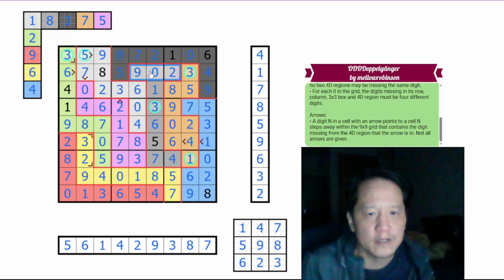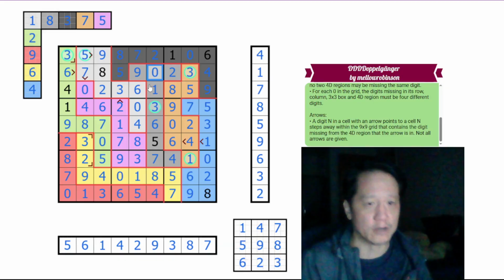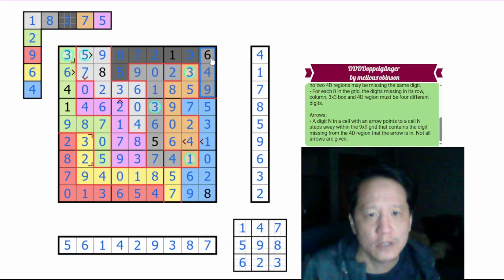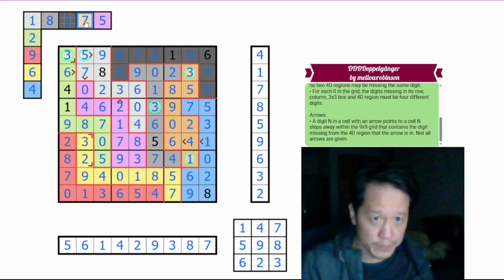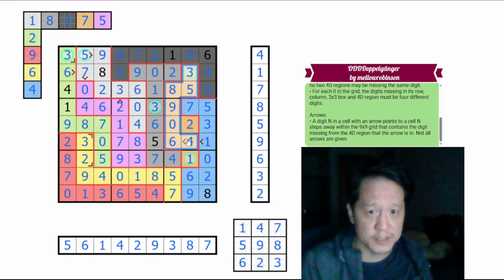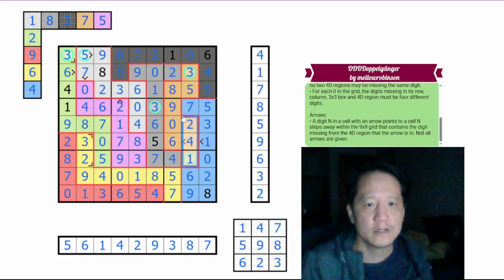Medium gray is missing 8 in the region, 9 in the column, 1 in the row, and 4 in the box, and there's no arrows.